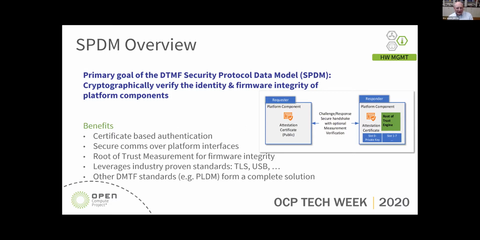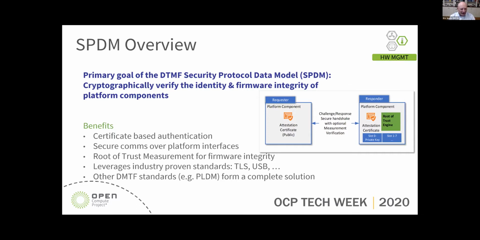It's strictly designed to effectively provide identity and attestation services. One of the newer versions of the protocol also allows authentication and cryptography of the channel, but we won't be talking about that today. We'll just concentrate on attestation and device identity.